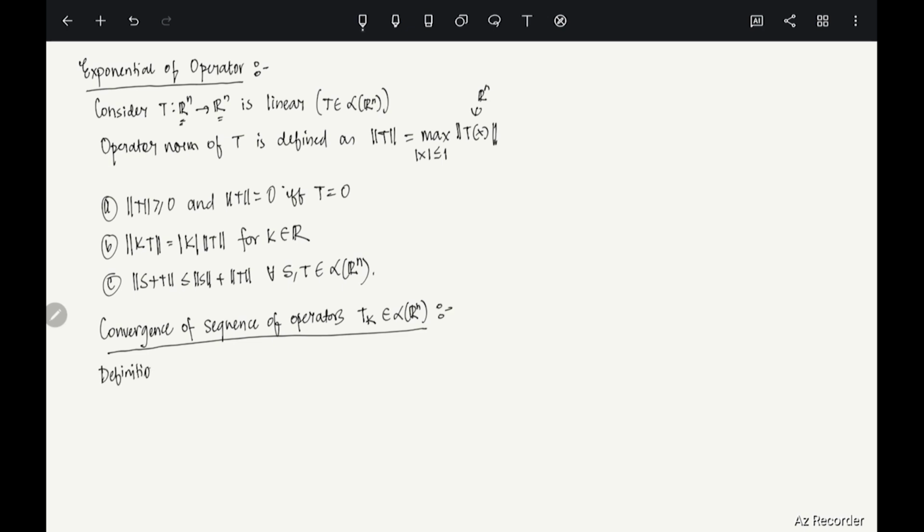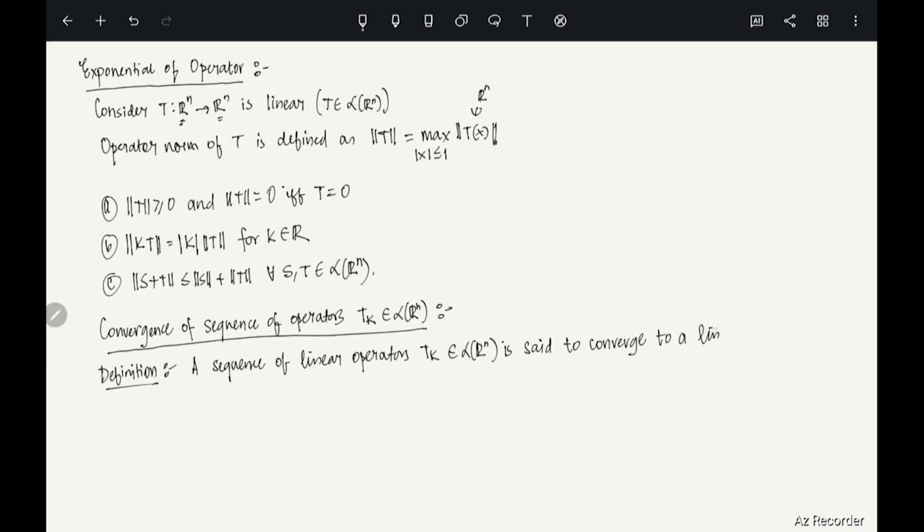Definition. A sequence of linear operators Tk in L(Rn) is said to converge to a linear operator T, which is again from Rn to Rn, as k tends to infinity.